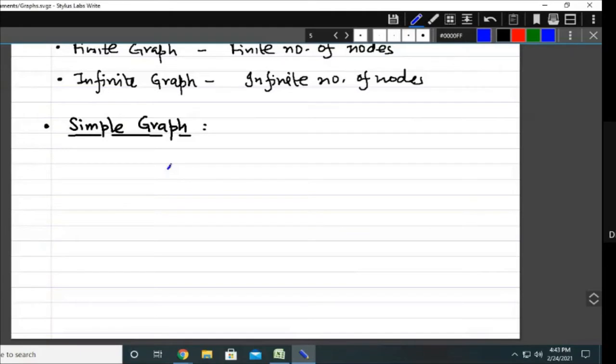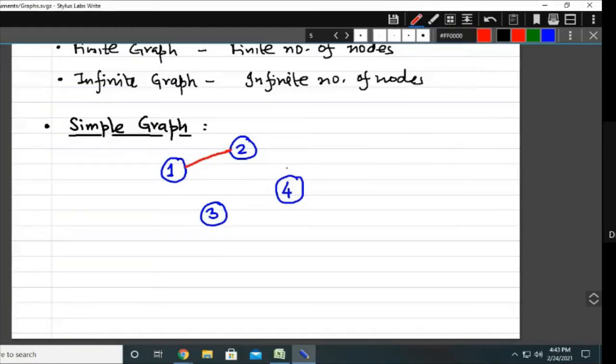Let's say this is node number 1, node number 2, node number 3, and node number 4. When an edge connects two nodes, then this is a simple graph.